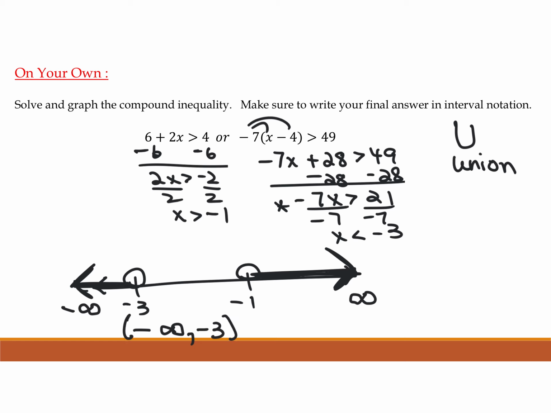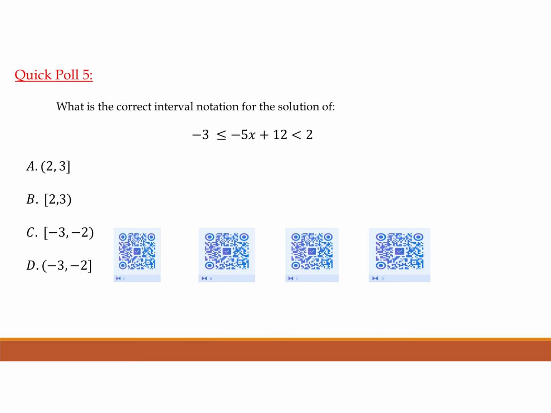Open circle is parentheses. Union, my second interval is negative 1 to infinity. And open circle means parentheses. Infinity is parentheses.